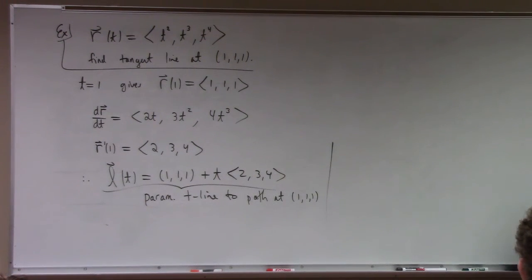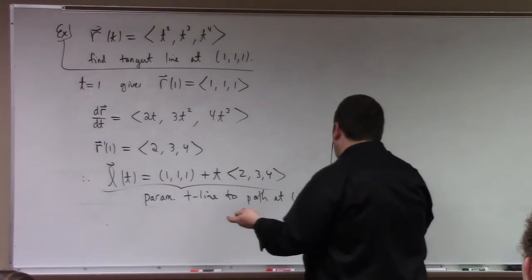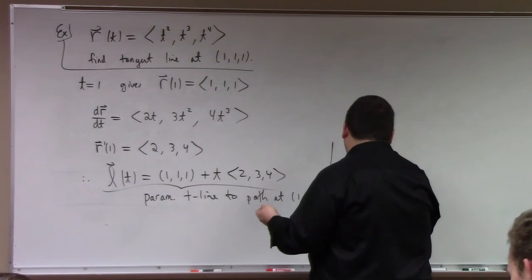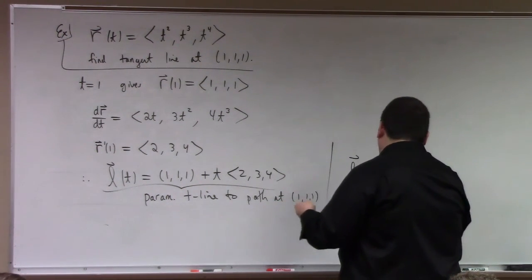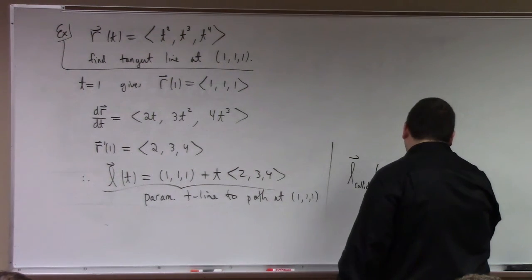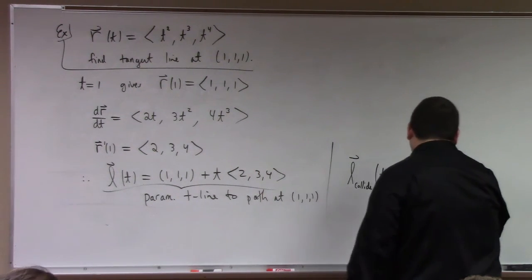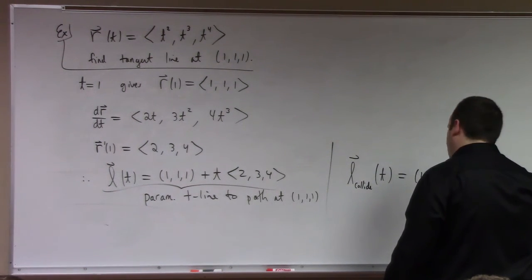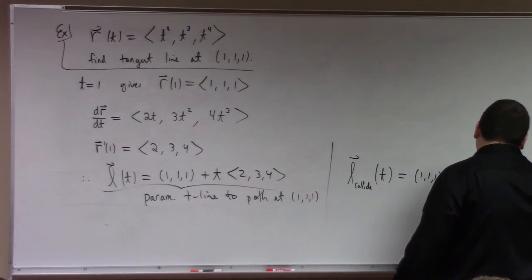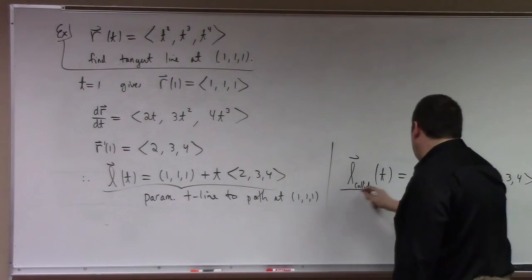If I want to make the tangent line collide with the path, it's pretty simple enough. I'll make it collide. The formula would be 1, 1, 1 plus, instead of t, replace t with t minus 1. So this is a line with the same direction vector.